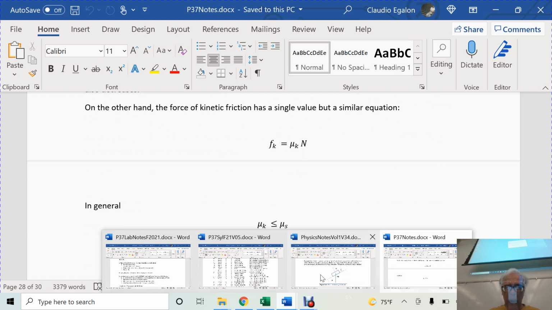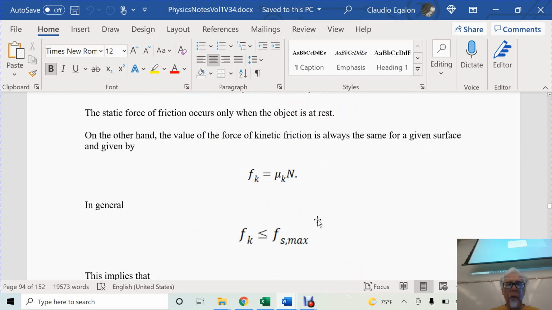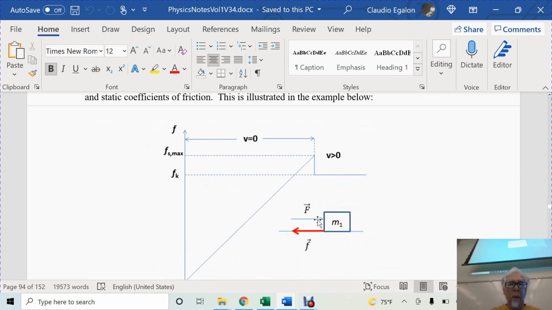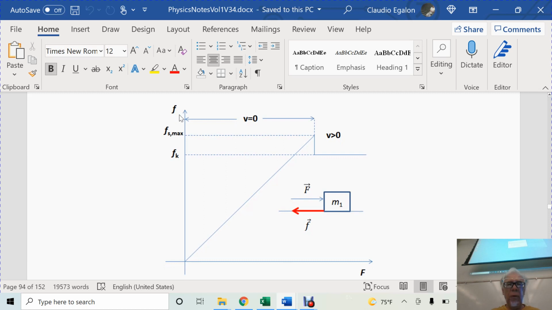Here are my notes. That's the graph that you have to remember. Force of friction and applied force. The force of friction coincides with the applied force up to a certain value, up to a maximum value.